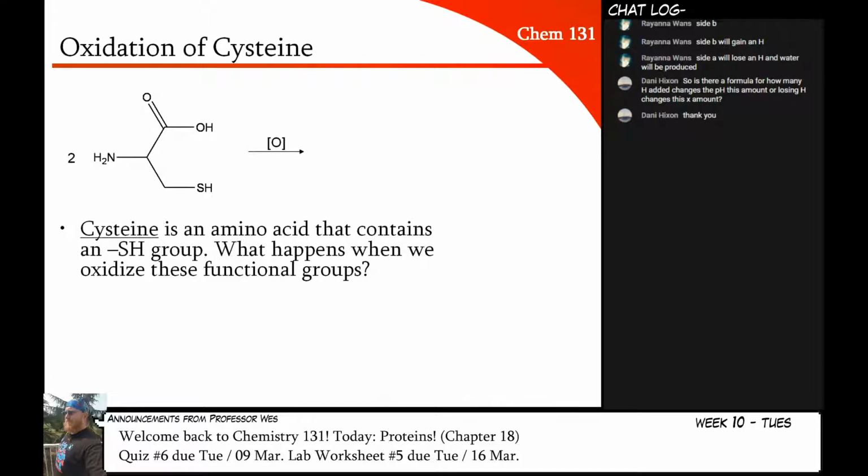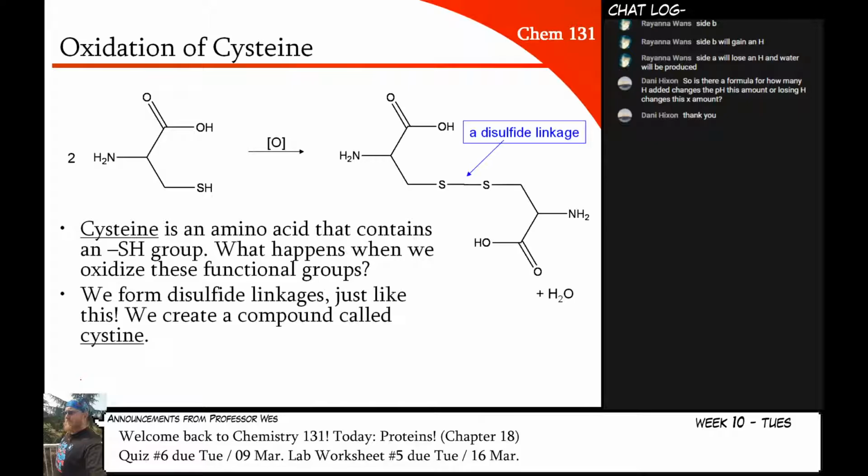You might remember that if I have a thiol like this right here, there's my thiol, and I oxidize it with another thiol, I do this sort of thing, right? And so when I oxidize thiols, I create a disulfide link.